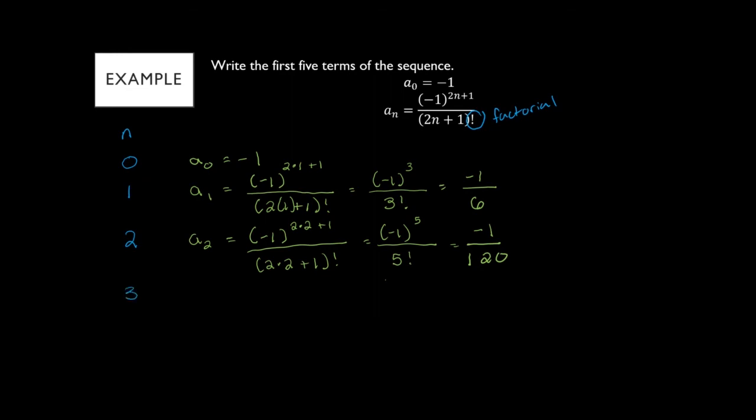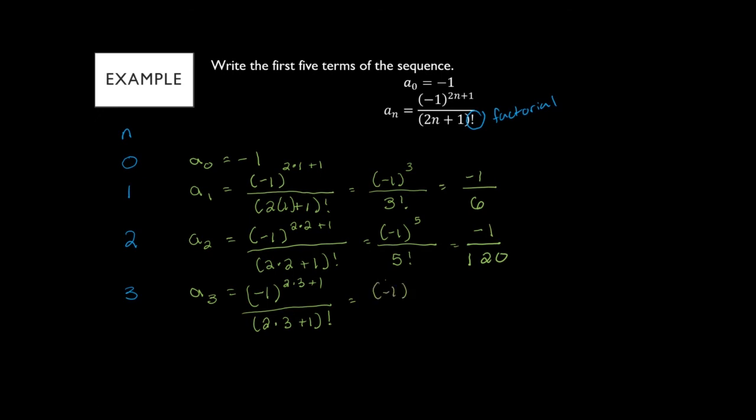So now we want to find A3, which is actually our 4th term because we started at 0. So that's going to be -1 to the 2 times 3 plus 1 over 2 times 3 plus 1 factorial. 2 times 3 is 6 plus 1.